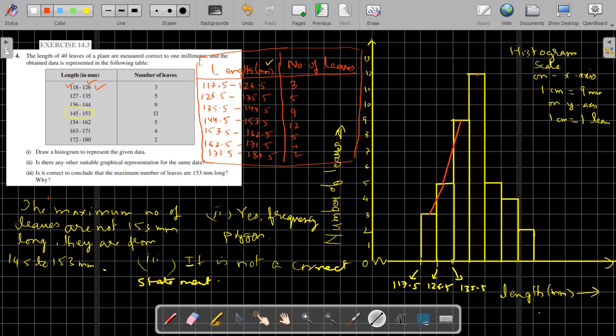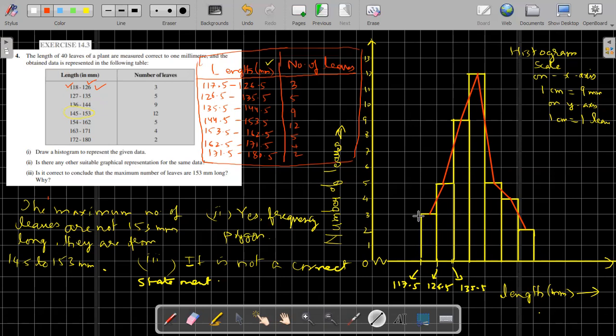Then the midpoint of the other graph is joined to this midpoint, then the midpoint of this graph with this, then the midpoint of this to the next bar, and so on. After this, just listen.